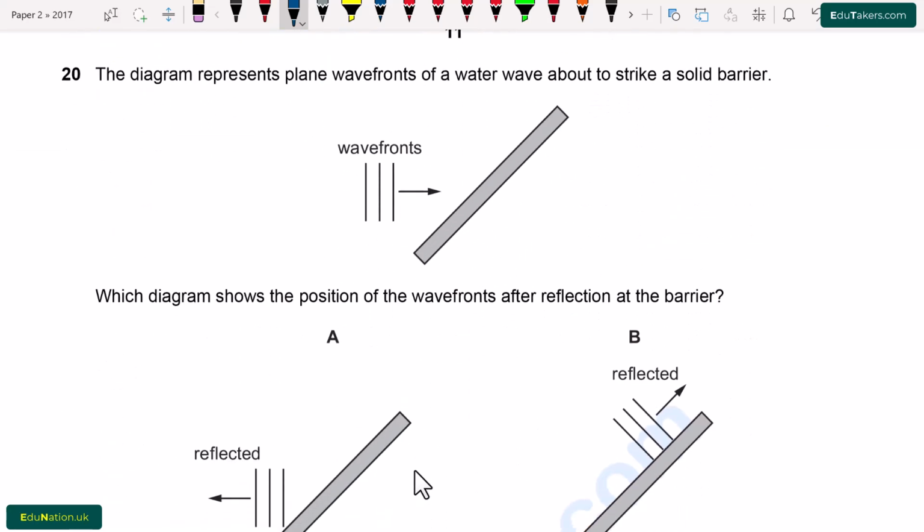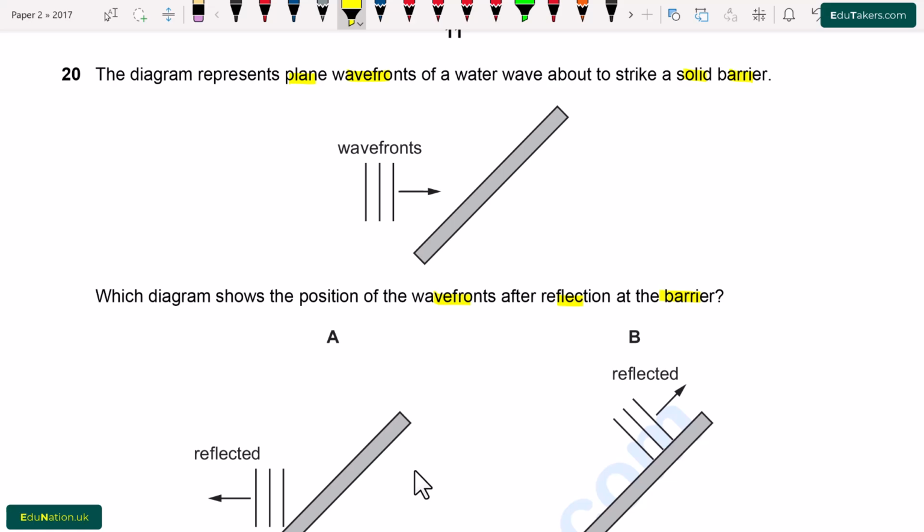Question number 20. The diagram represents the plane wavefronts of the water wave about to strike a solid barrier. Which diagram shows the position of the wavefronts after reflection at the barrier? So these wavefronts are reflected by this barrier and we have to show the position of the wavefront after reflection by this barrier.